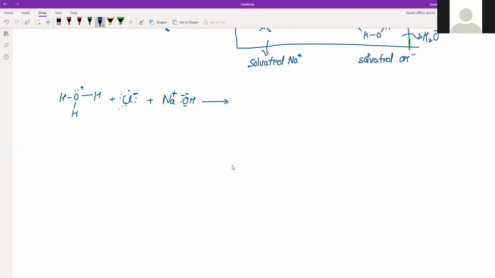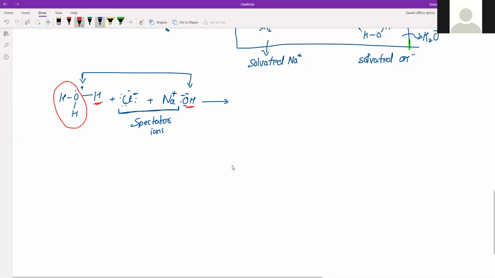These two, that is chlorine and Na, as we said, are leftovers, or you can also say that they are spectator ions. The real reaction is happening between these two, that is hydronium and OH. If you see this, it actually makes 2H2O. There is an H2O here, and then this H and this OH can form another H2O.